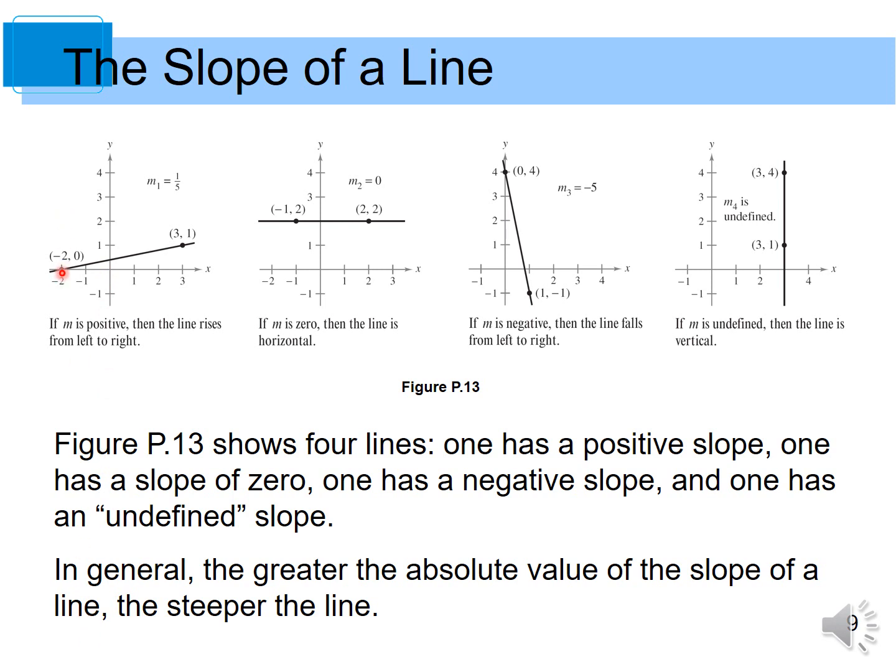You can take this point as the first point and this point as the second point. So you name the first point x1, y1, and the second point x2, y2.